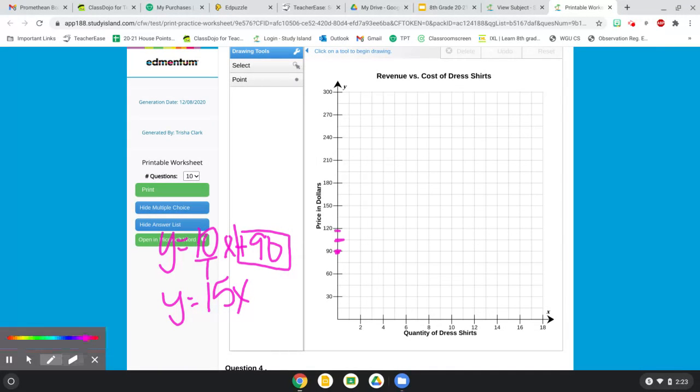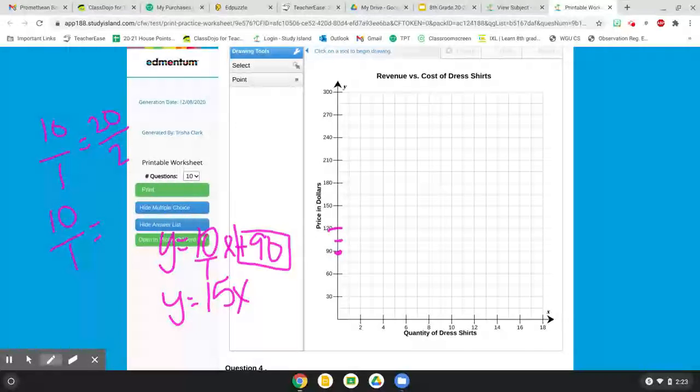So that won't work. I need to think of something reasonable to use instead of tens. I can think of anything equivalent to 10 over 1. 10 over 1 is the same as 20 over 2 if I multiply by 2, but these still aren't going by 20s, because this would be 110 and then 130, so that doesn't make sense.